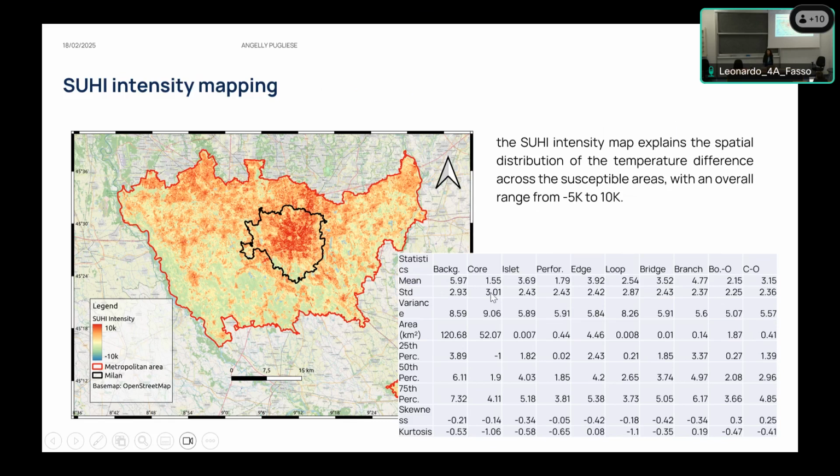If we produce the zonal statistics of the intensity with respect to the MSPA classes, we can understand that the core and perforation loops have the highest intensity temperatures, while the background, which is mostly all the other non-vegetation classes, has the highest peaks on the surface urban heat island intensity.